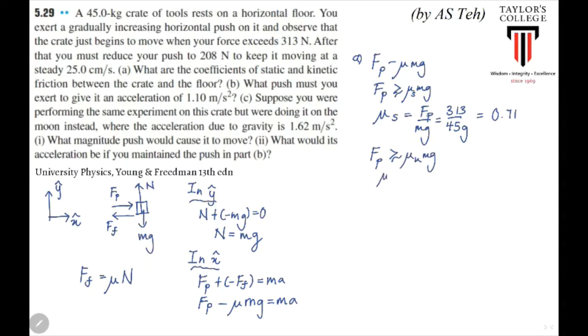So mu k in this case will also be Fp over mg, but this pushing force is not the same as the initial 313. It's the 208. Let me calculate that out. So this is 208 divided by 45 g, which equals 0.472.